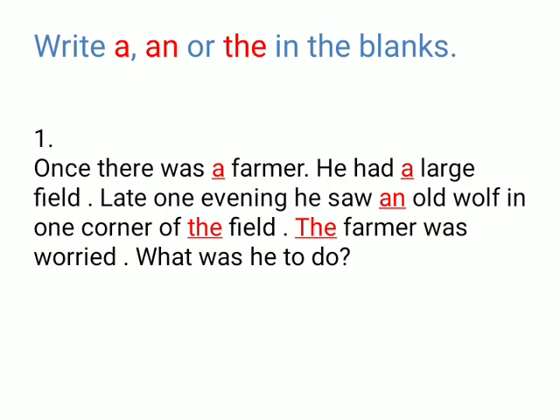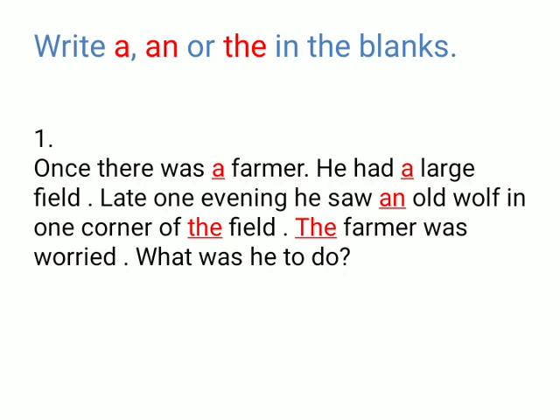In one corner of dash field. Now here we will use article the, the field. Field word is related to a place. So we will use the article the over here.